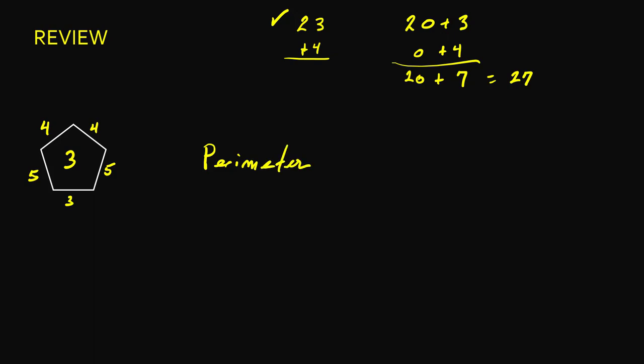And the perimeter was how far it was around that geometric figure. And to get that, you added all the sides. And in this case, that was going to be 4, add 4, add 5, add 5, add 3.